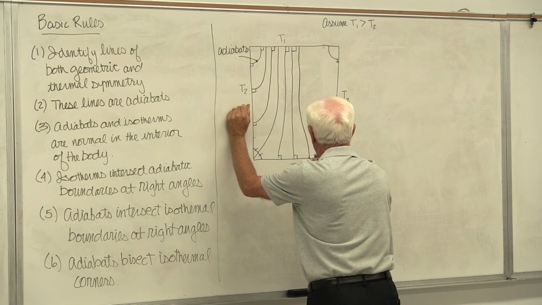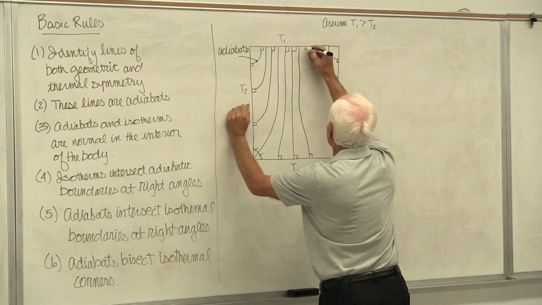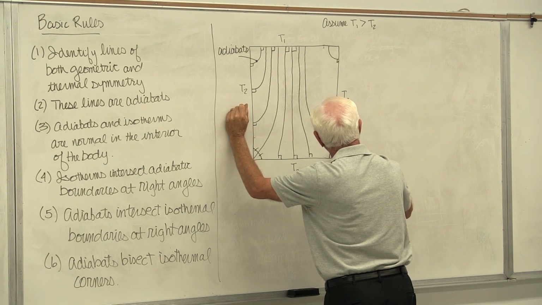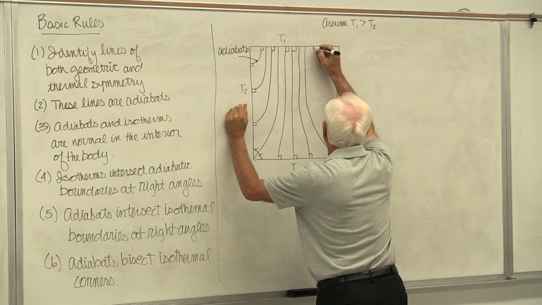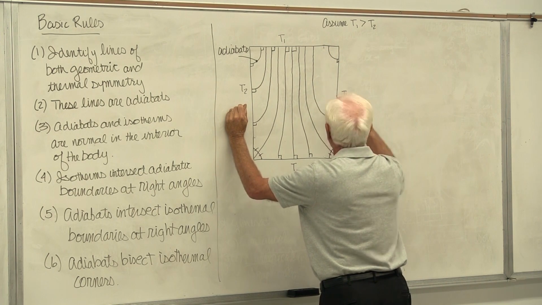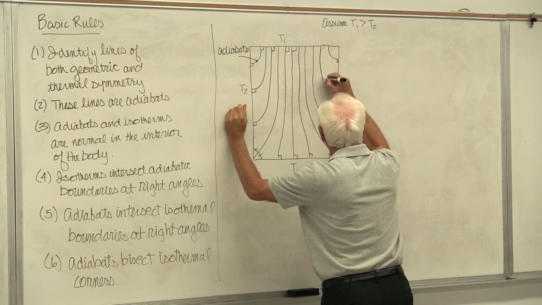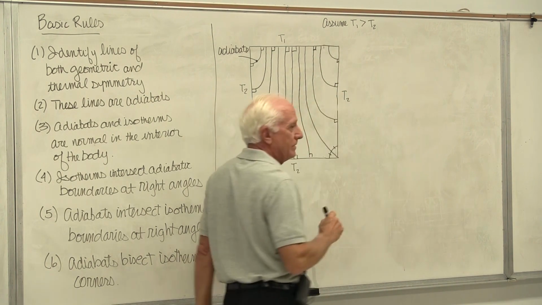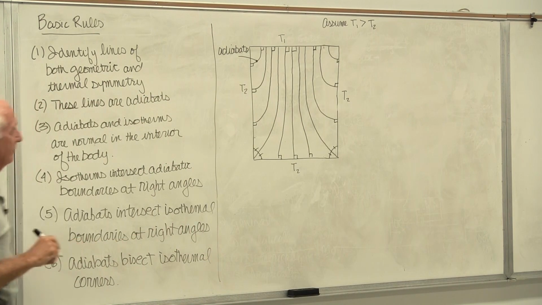Up here like this. You don't have to go to the corner if you don't want to. It's up to you. You're in charge of drawing the diagram. Okay, there is a complete diagram of the heat flow lines.